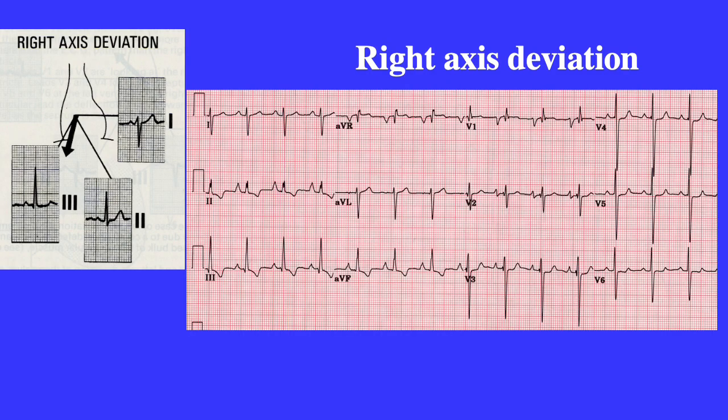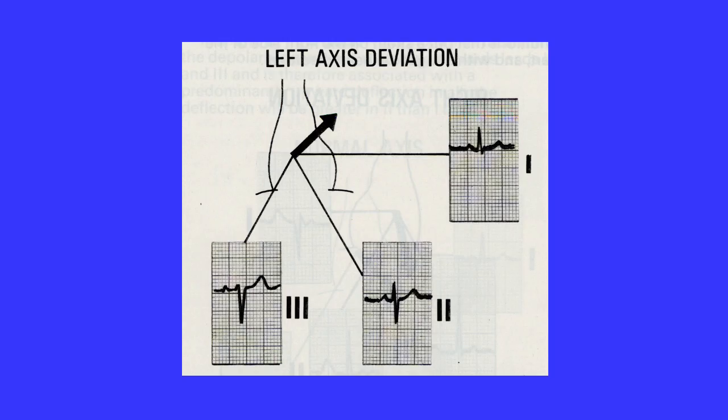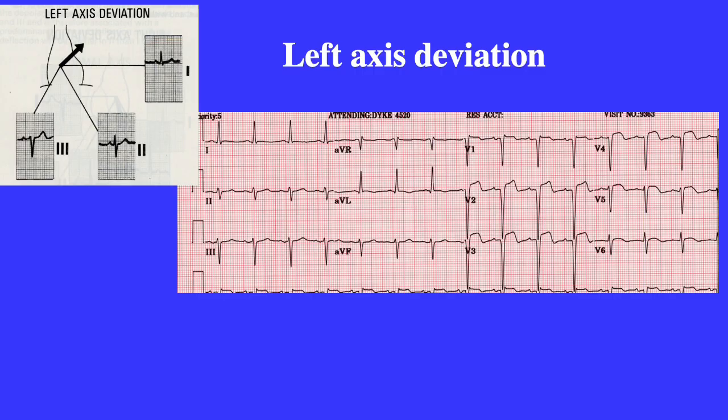So in the next EKG, you'll see a right axis deviation where the limb lead 1 is negative and limb lead 2 and 3 are upright, suggesting right axis deviation. In left axis deviation, which is towards your left arm, it's away from the bottom of the heart, so you'll see that limb leads 2 and 3 will be negative, while limb lead 1 will be positive.